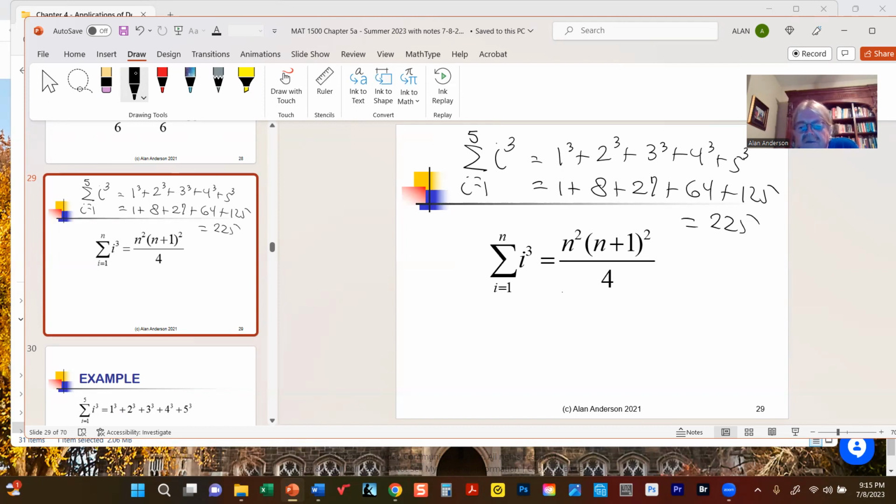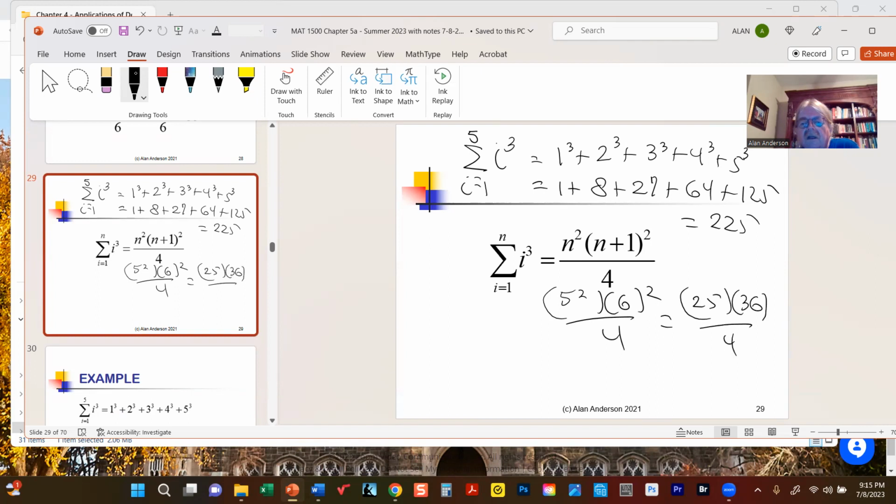So let's confirm that 5 squared times 6 squared over 4. What do you know? It's 225. Because 25 times 36 is 900. When you divide that by 4, you get 225.